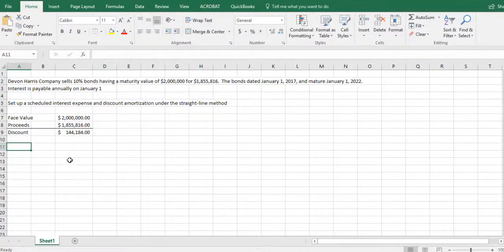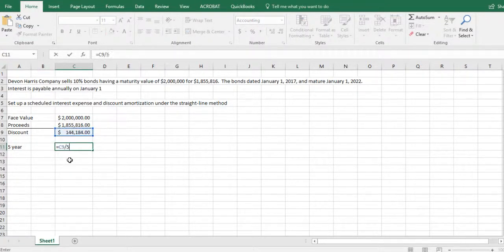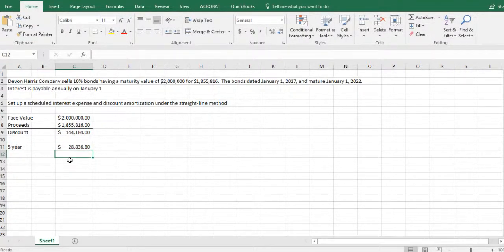They mature January 1st, 2022. So you know that that is a 5-year bond. We take our total, divide that by 5, and it gives us $28,836.80. This is the amount that we will be amortizing every year.